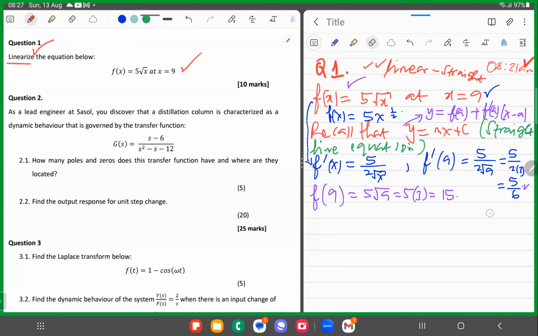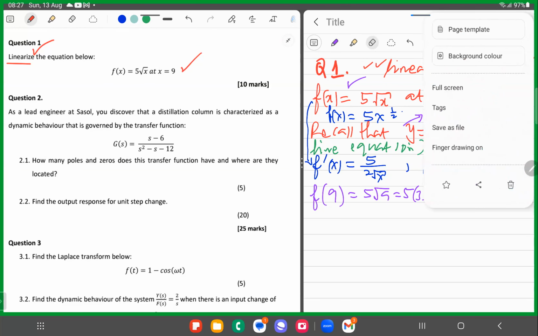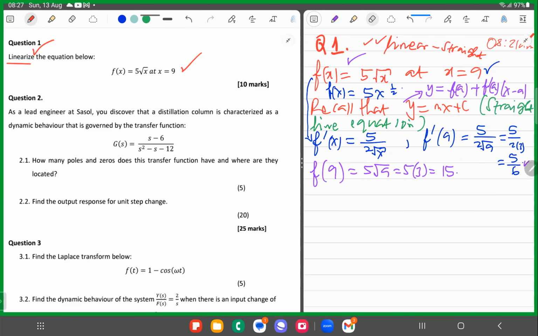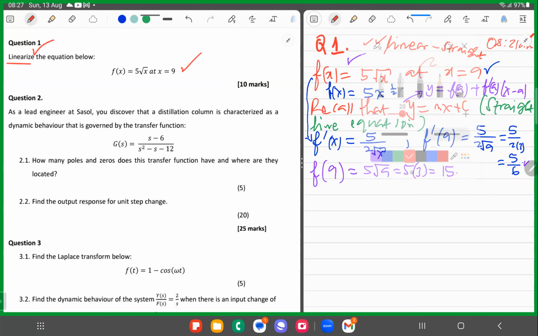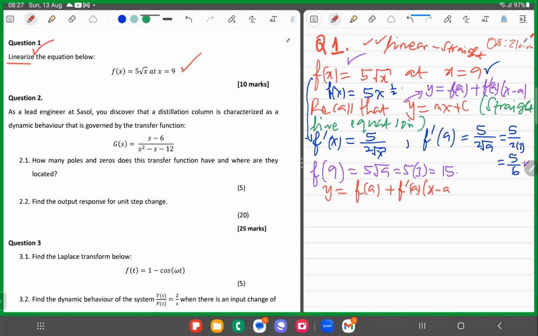With this, we are so good. So what is the implication of this? The implication is that we are able to find the result, because we know that y equals f of a plus f prime of a times x minus a.